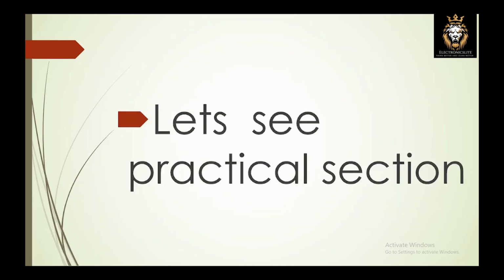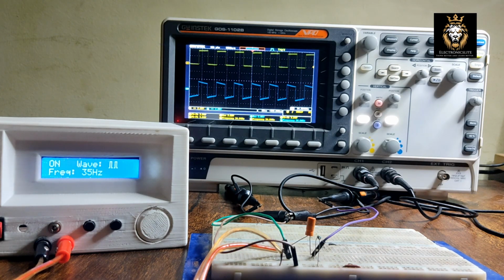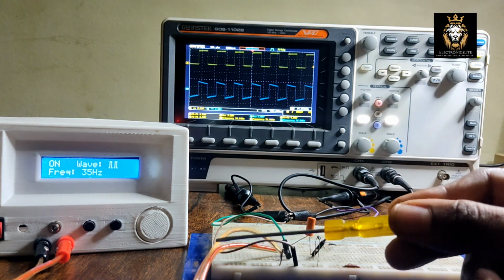Let's see the practical session. Hello all. This is a circuit for a high pass filter or RC differentiator. This is the function generator input.